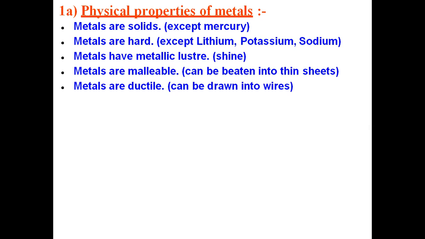Electricity is supplied to a house through electric wires, which contain copper. Because we can convert the metal into a wire, the supply of electricity becomes easier. So metals are malleable as well as ductile.